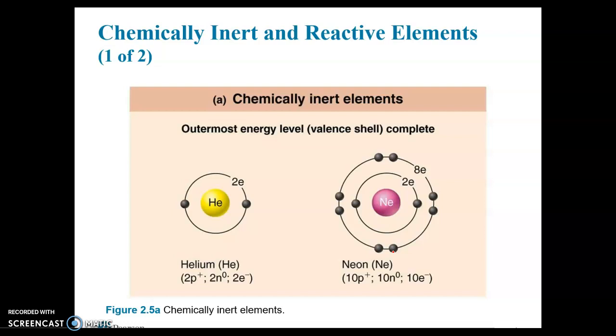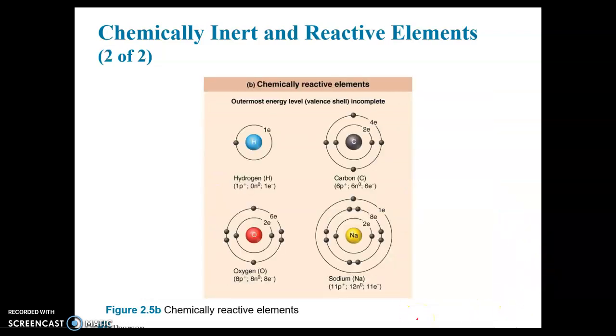It doesn't need to form chemical bonds because it's already stable. Neon has 8 electrons in its second energy level, which is its valence shell because it's the outermost, so neon is already stable. But the other atoms are not. Hydrogen has only 1 electron in its valence shell, which is the first energy level, so it needs 1 more, because 2 would make it stable.